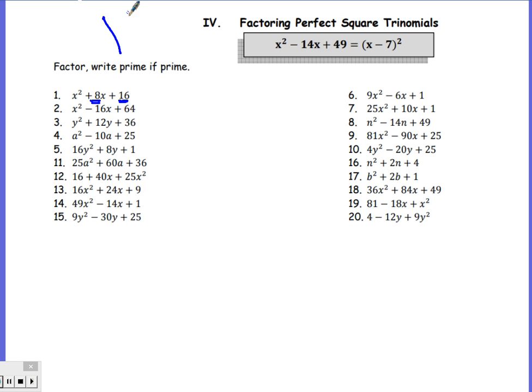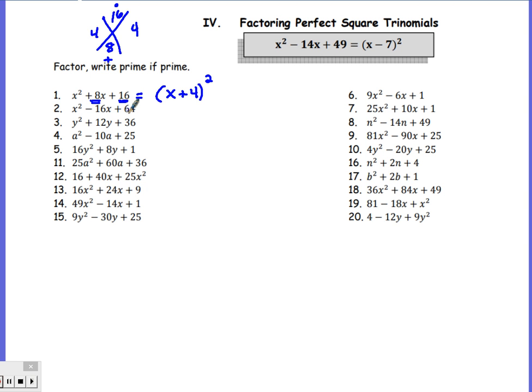Sometimes we do this diamond puzzle where we put 16 and 8 and we say what two numbers have a product of 16 and a sum of 8. Well, 4 times 4 is 16 and 4 plus 4 is 8. So they're special in the sense that x plus 4 times x plus 4, we can write it x plus 4 squared.